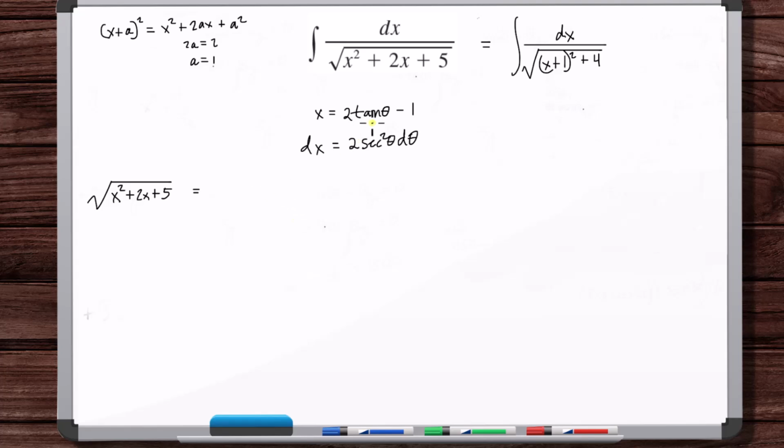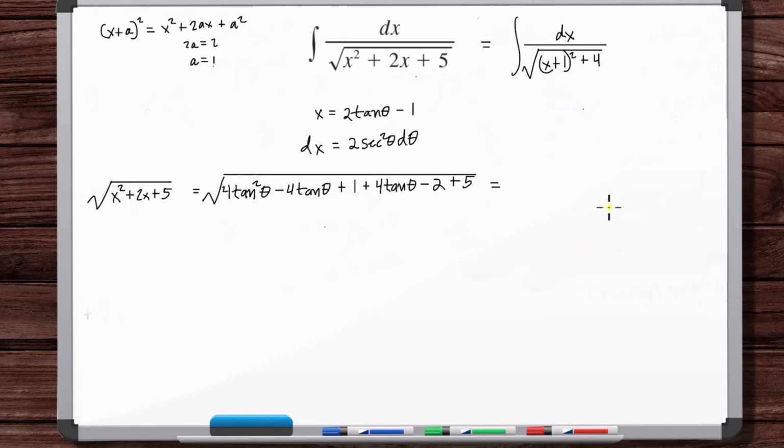So 2 tangent theta minus 1 squared is 4 tangent squared theta minus 2 tangent theta minus 2 tangent theta, minus 1 times minus 1 is 1, plus 2x, so 4 tangent theta minus 2, plus 5.